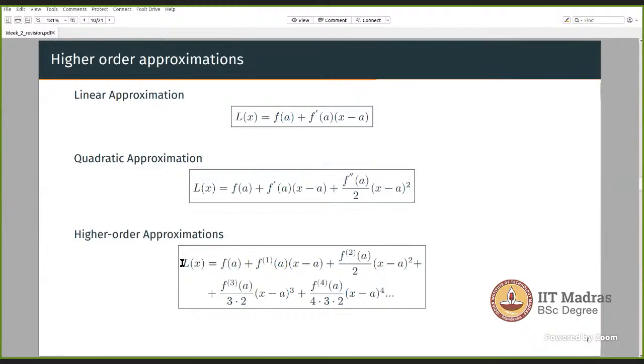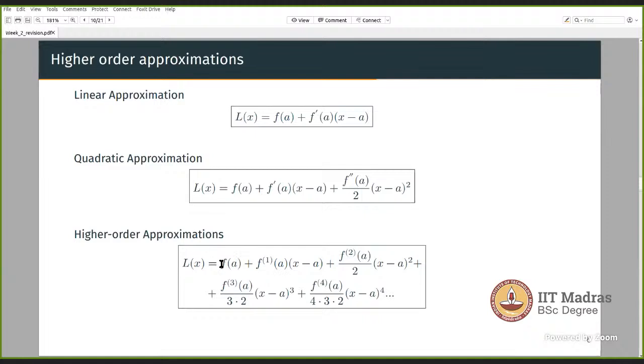And you will revisit this equation in week 7 when gradient descent is discussed. For now, this is the Taylor series, and you can make use of it to get the approximation of a function of any order.